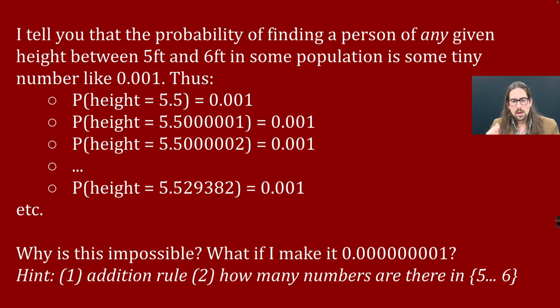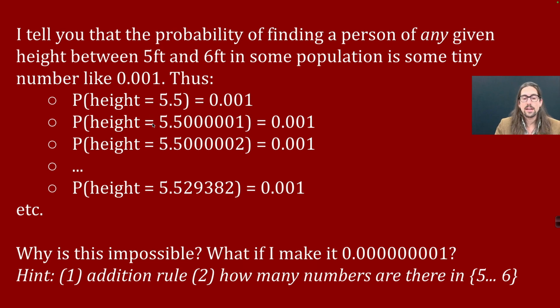I'm telling you, let's say that the probability of finding a person of any given height between 5 and 6 feet in some population is some tiny number. So what I mean is not the probability of being between 5 and 6 feet. What I mean is this here. So for any number between 5 and 6 feet, the probability of somebody being that height exactly is this number, like 0.001.